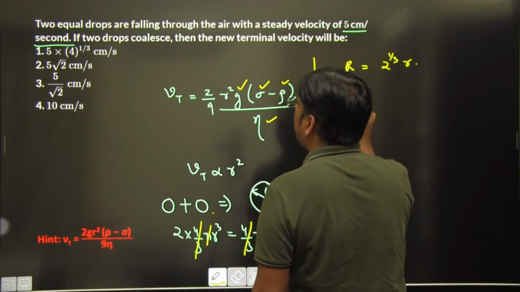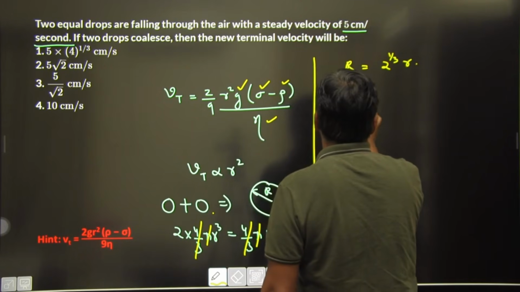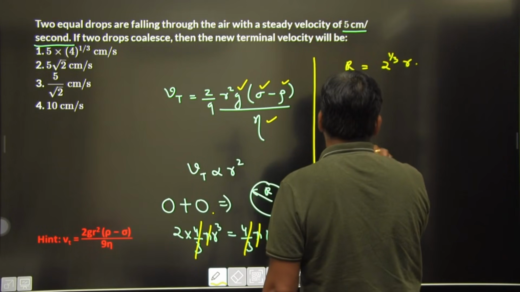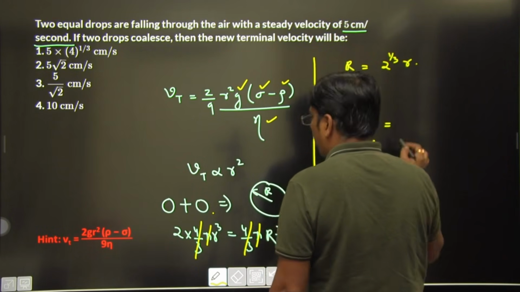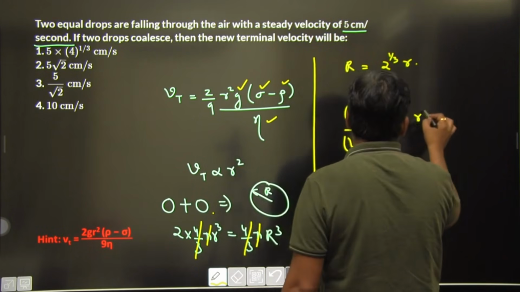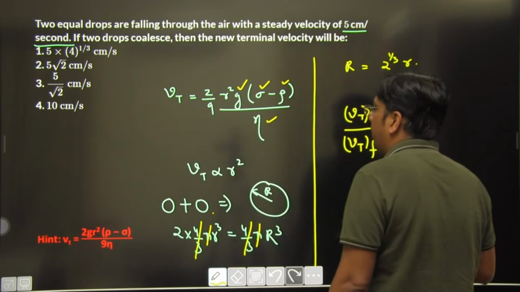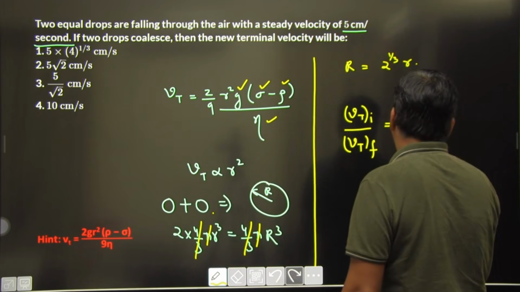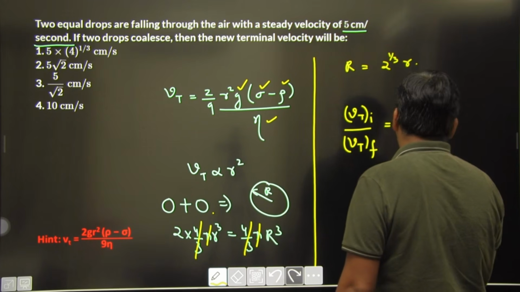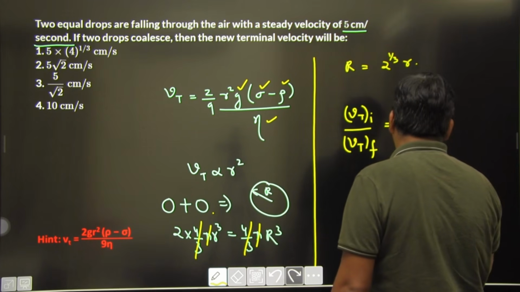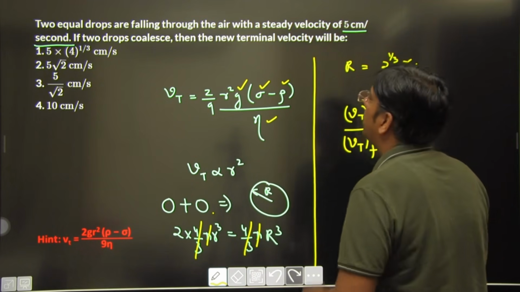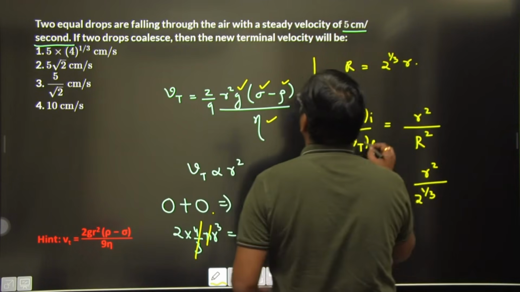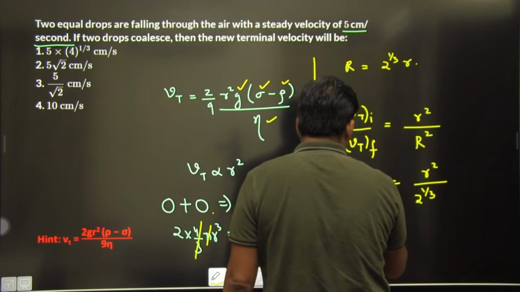Now terminal velocity initially divided by terminal velocity finally is equal to radius square of the smaller drop divided by radius square of the bigger drop. So this is radius square, this is 2 to the power 1 by 3. Then the initial terminal velocity was, dear students, 5 centimeter per second.